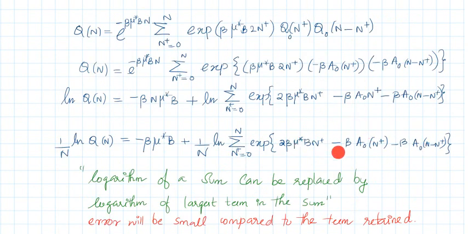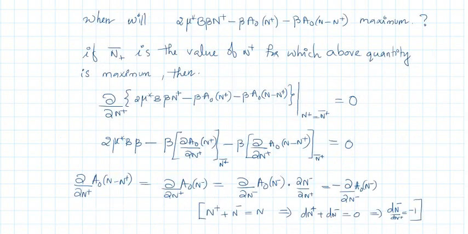By taking the derivative with respect to n plus and equating it to 0. So when will this be maximum? You take the derivative of that quantity with respect to n plus, and when n plus is n plus bar, if this is maximum, then the first derivative will vanish. So take the derivative with respect to n plus and evaluate at n plus bar.